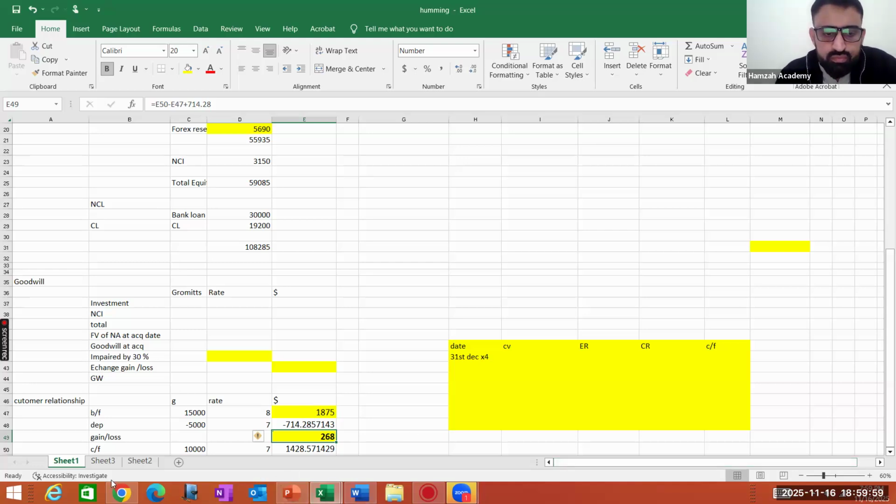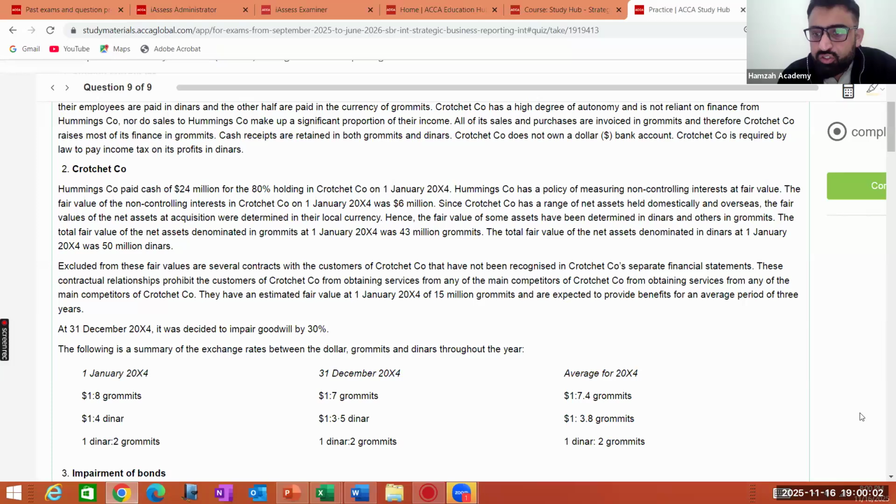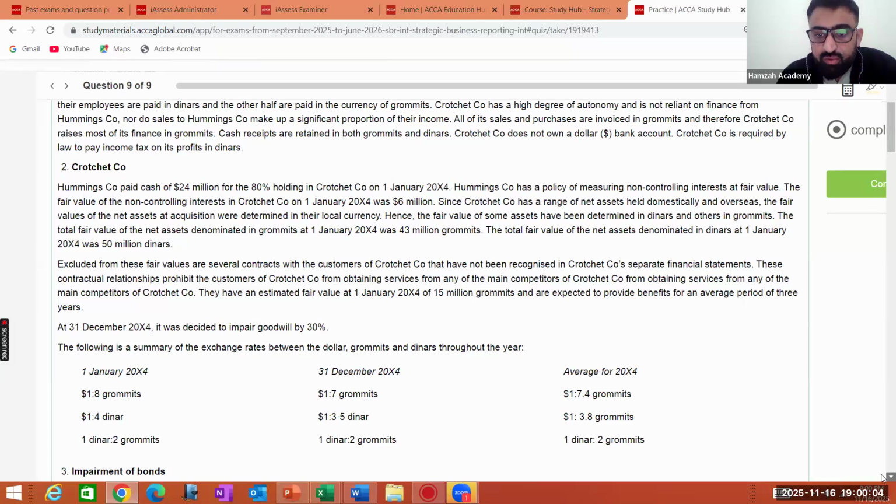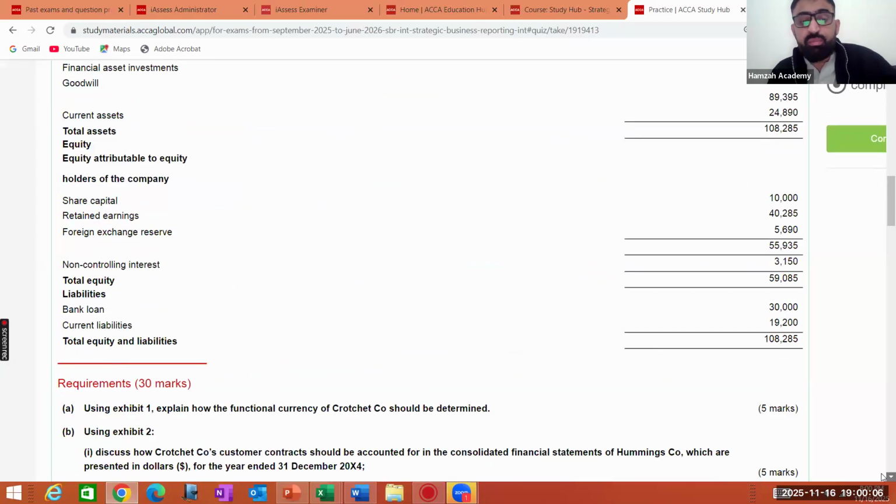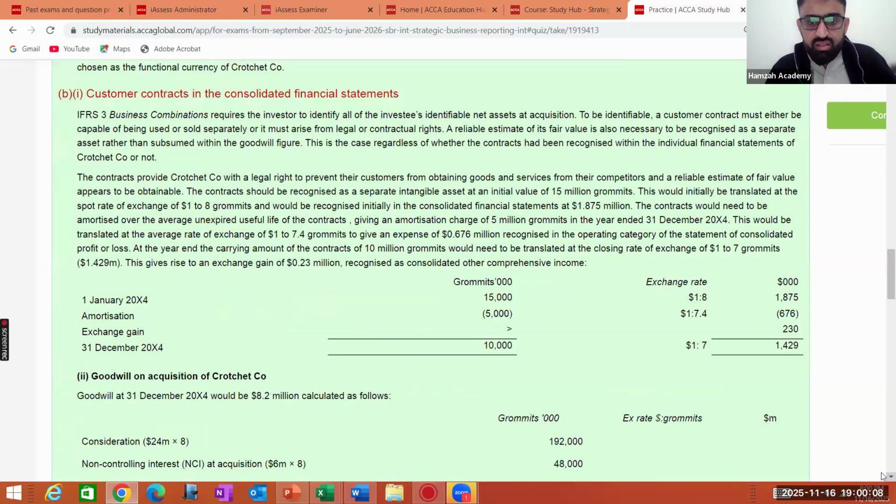So the customer contract should be measured at fair value at the date of acquisition, and it should be depreciated over the remaining useful life.